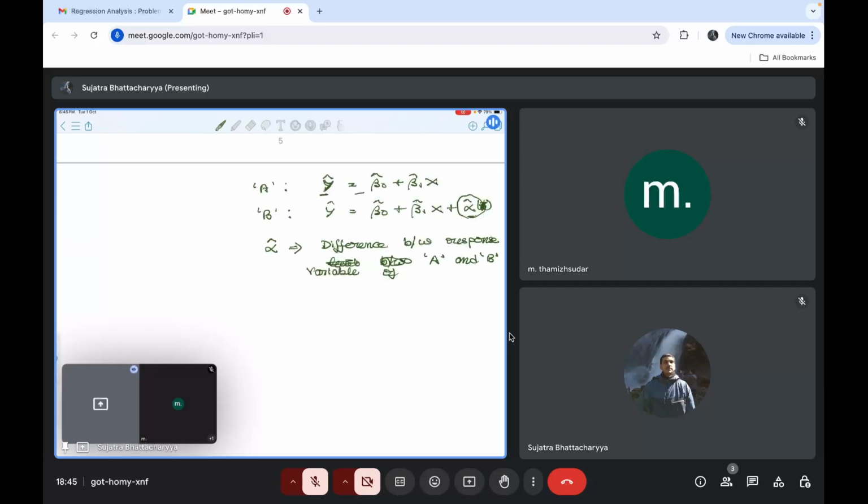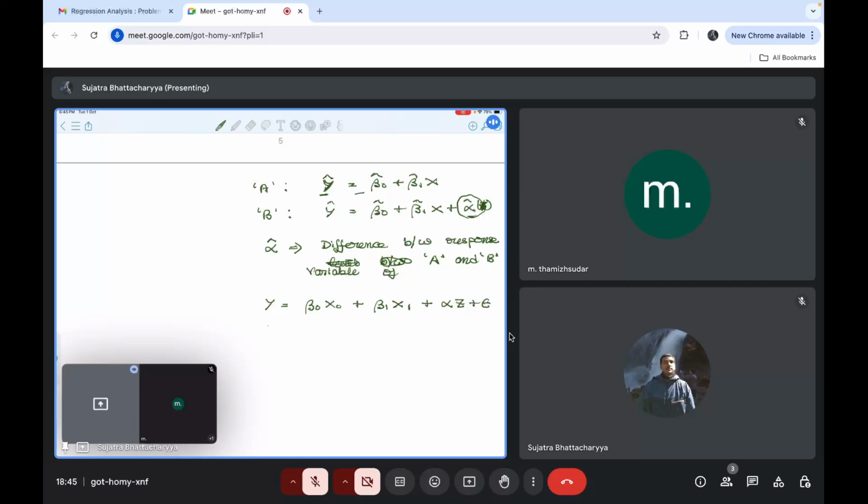Right? Therefore, can we now write this as y is equal to, instead of writing beta naught only, beta naught x naught plus beta 1 x 1 plus alpha z plus epsilon. This is now my much more generalized model.